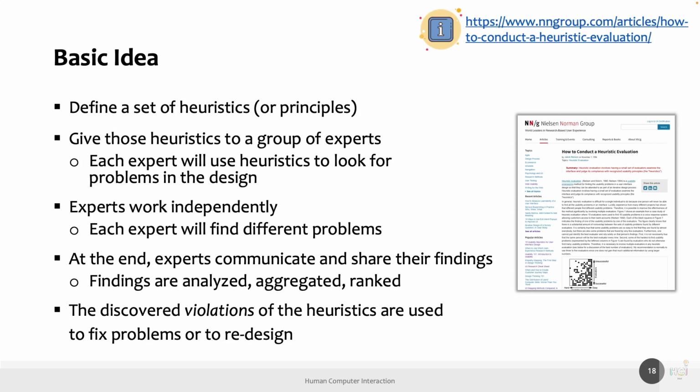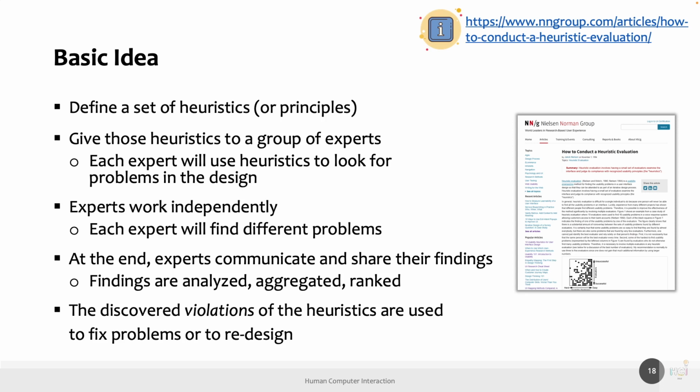You define a set of heuristics, but typically in our field, in human-computer interaction, you use the heuristics proposed by Nielsen, so they are already defined. You give those heuristics to a group of experts, and each expert will use these heuristics to check your design. And the third point here is very important.